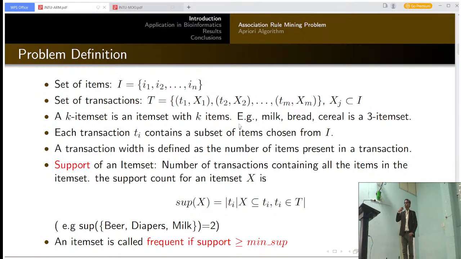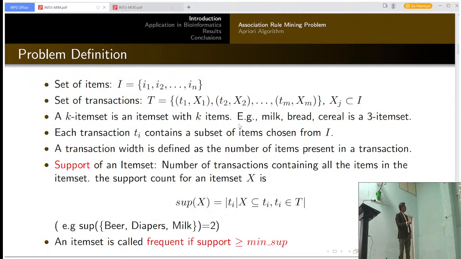That means Ti has purchased X. Out of all the items purchased in Ti, X is also part of that. So basically it counts the frequency of an item set in the whole data set, in how many transactions these items have been purchased. So this is the support of an item set.